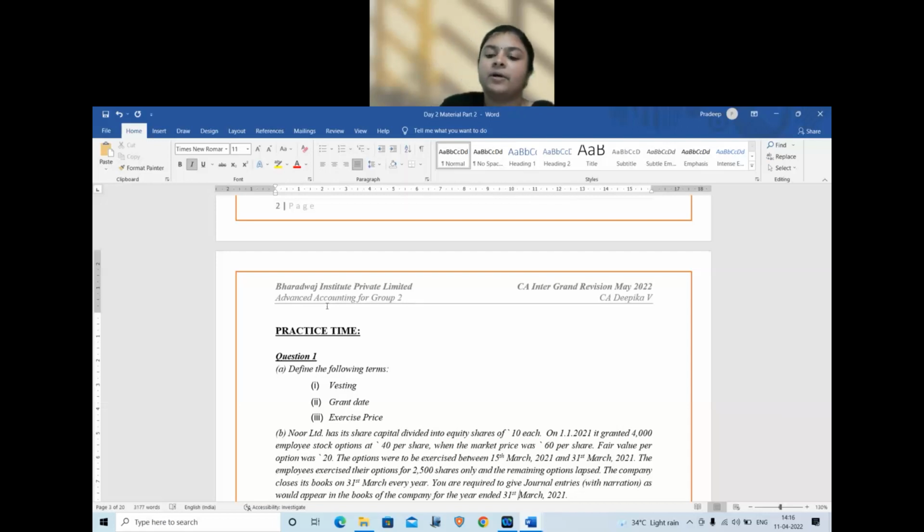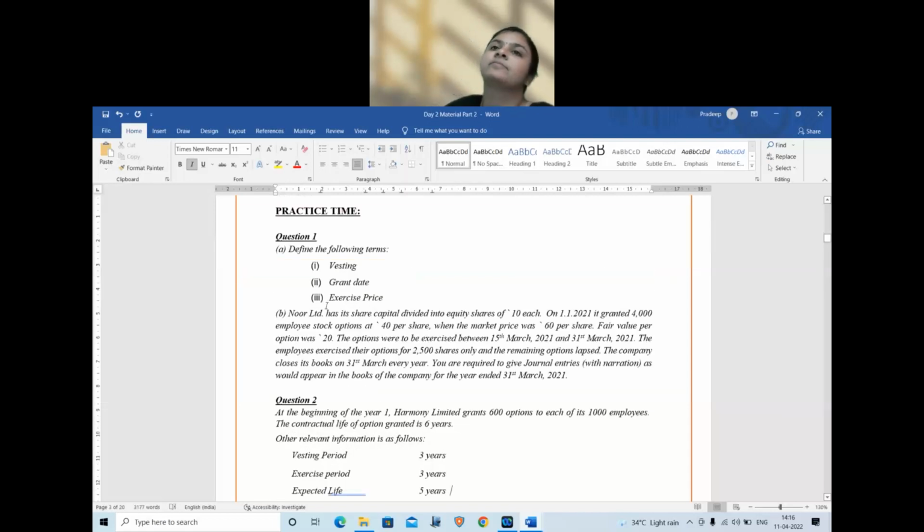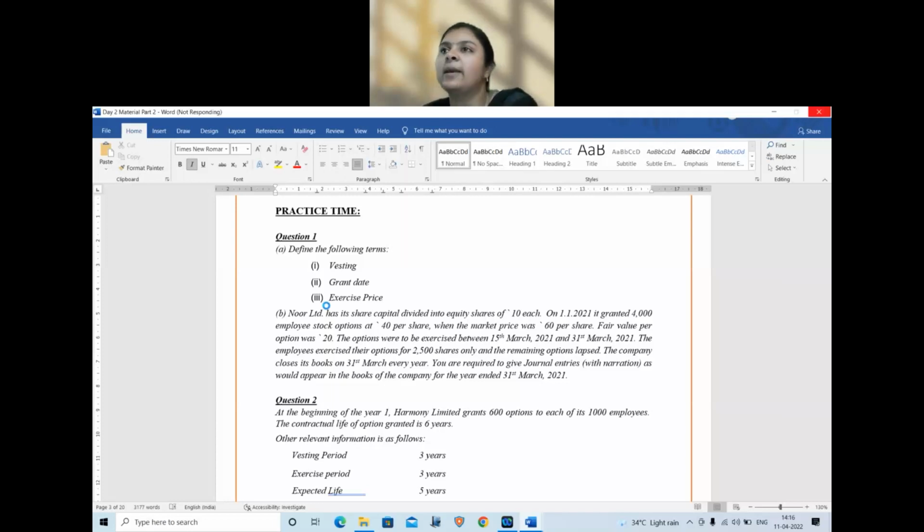Question time. Question number 1. What is vesting? Define the following terms. Vesting means fulfillment of conditions for the employee stock options to be availed. The period for which it is going to be fulfilled is called the vesting period.